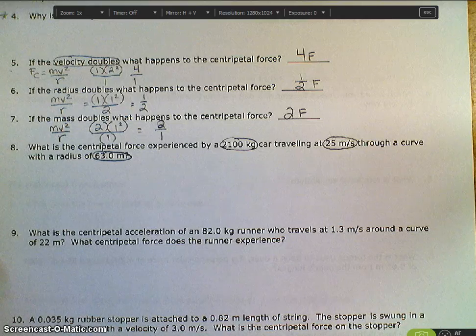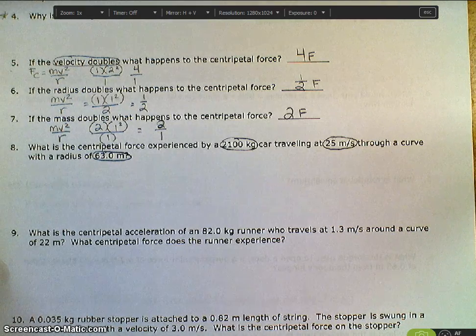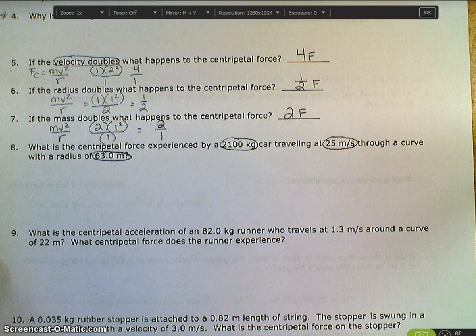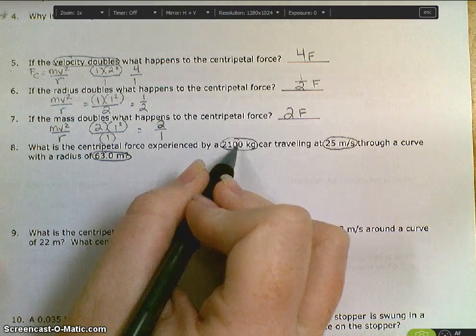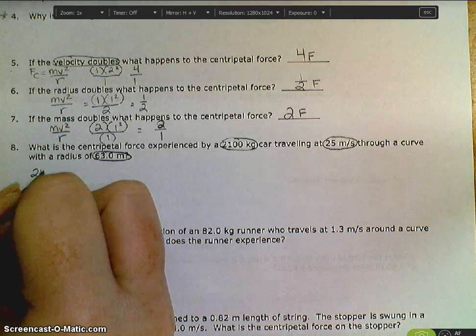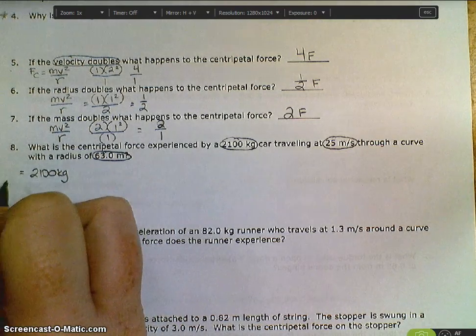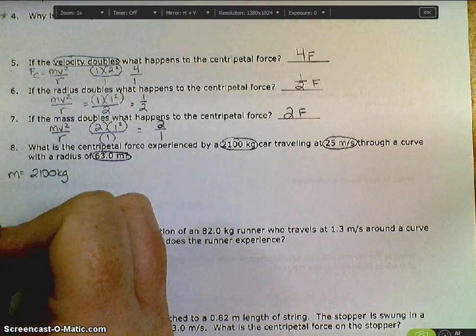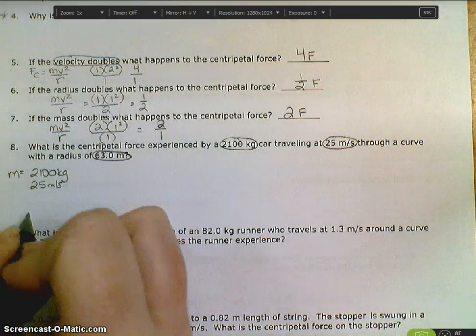Now, this is all very, very simple if you remember what equations to use and what the variable units are. So if I read through my problem, I can first identify that 2,100 kilograms is a unit for mass. The next number they give me is 25 meters per second.